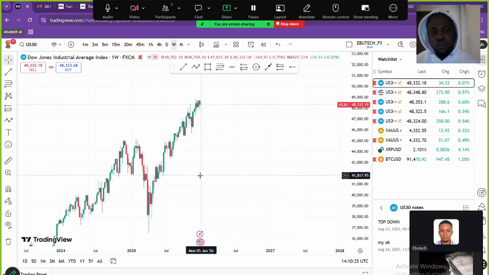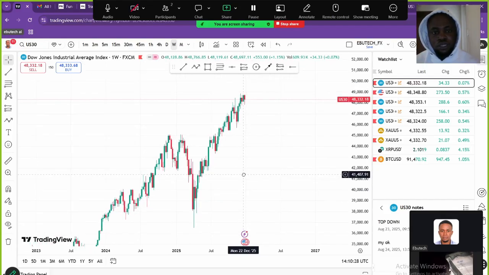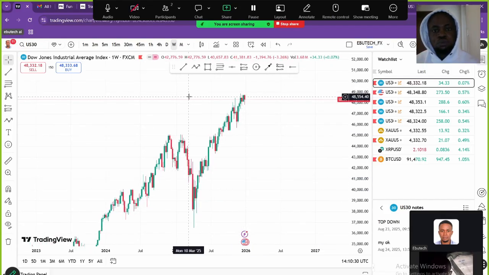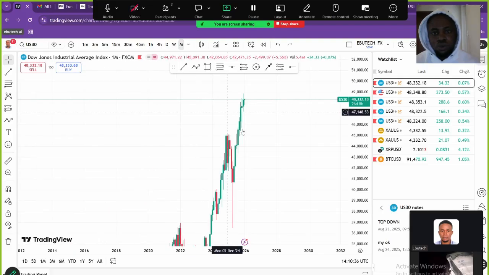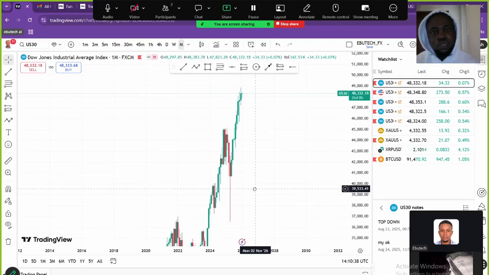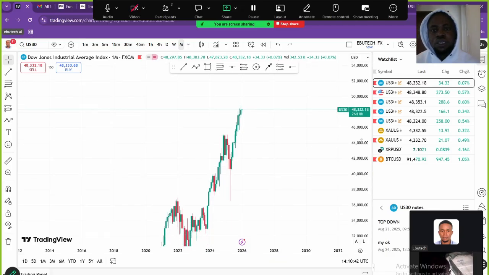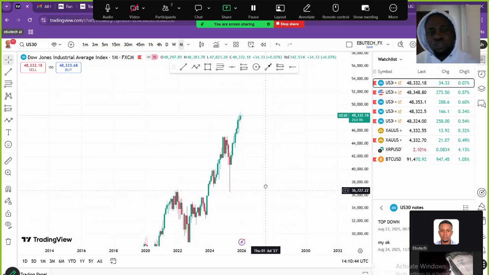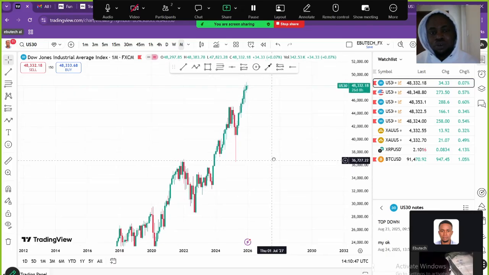Now, as for US30, if you want to analyze US30, you have to start from the monthly time frame. Each time you want to analyze the US30, you start from the monthly time frame so that you will see the direction of the market, that's the structure of the market.